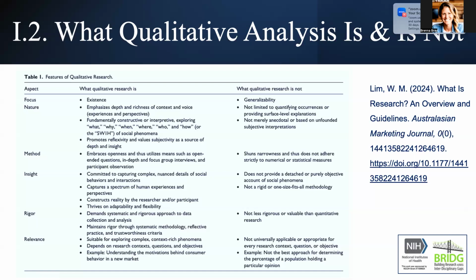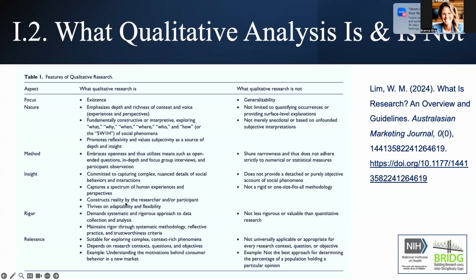We can include numerical and statistical measures in mixed method studies or even in qualitative studies, but it's usually not limited to those methods. Qualitative research is really committed to capturing complex, nuanced details of social behaviors and interactions. It captures a spectrum of human experiences and perspectives.